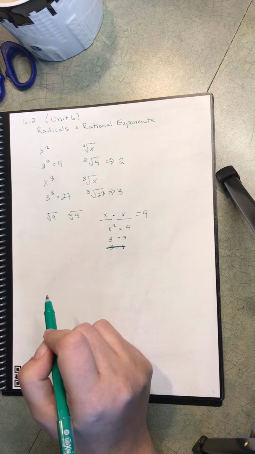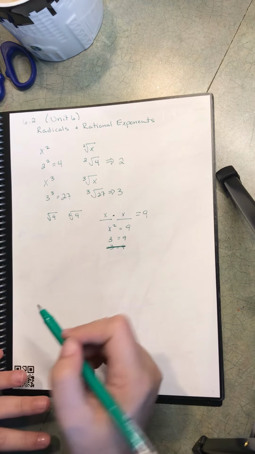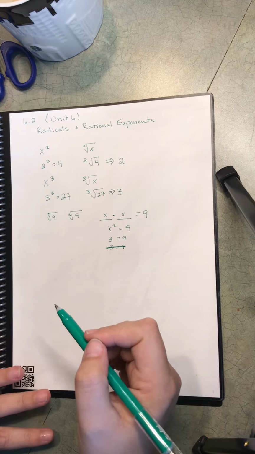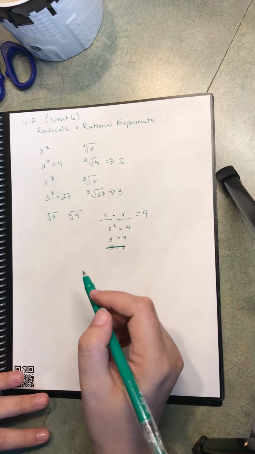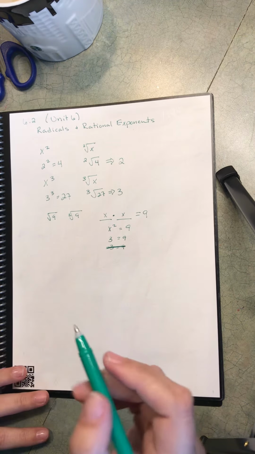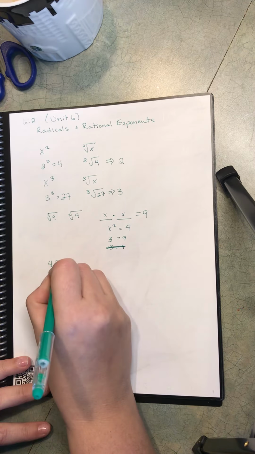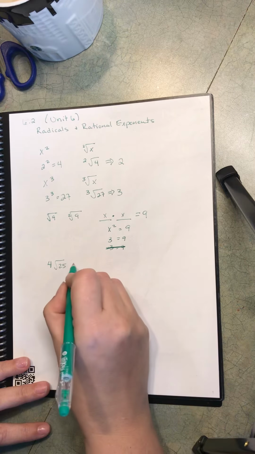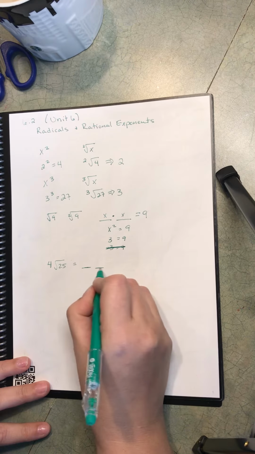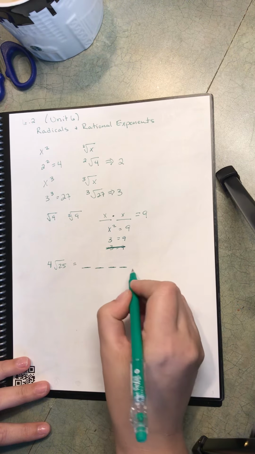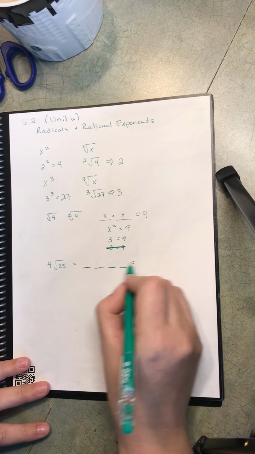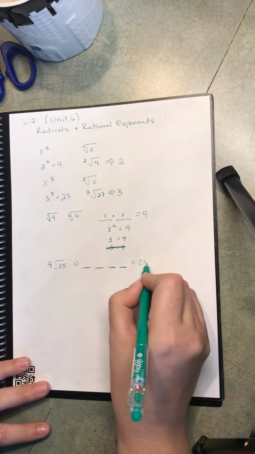So let's see, at the beginning of this, it's asking you to estimate nth roots. So for instance, they say, what's the 4th root of 25? So what multiplied the same thing 4 times is going to get you 25?